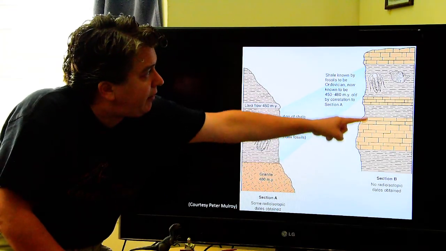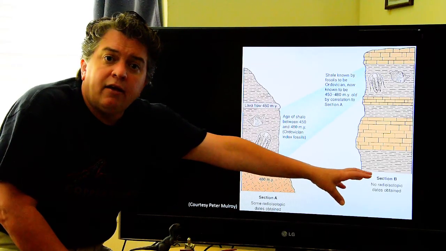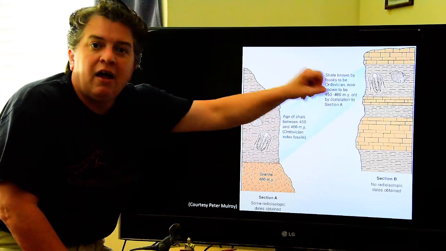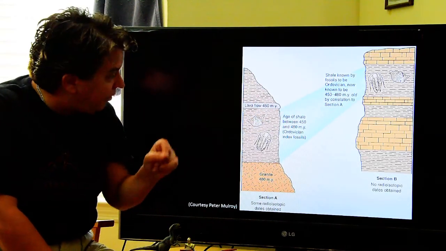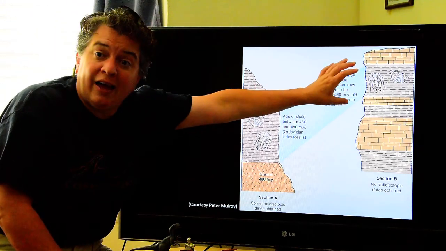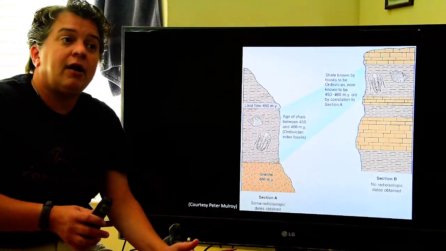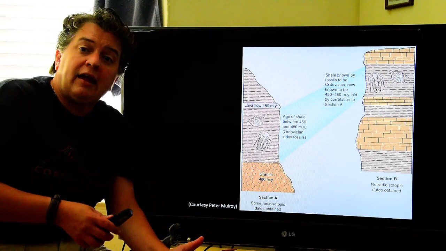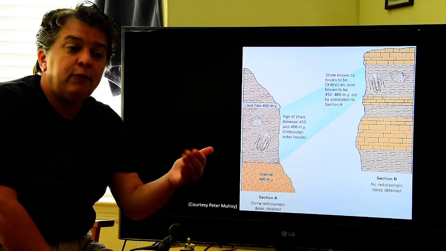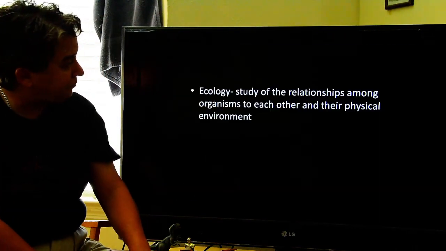Then if I go over here I have no igneous rocks that I can get numerical ages on. But I have those fossils, and I know those fossils lived between 450 and 480 million years. So I have a good idea that that rock formed in that time period. So you can actually put together numerical dates and some of your index fossils to get a nice view of when different events happened on Earth.